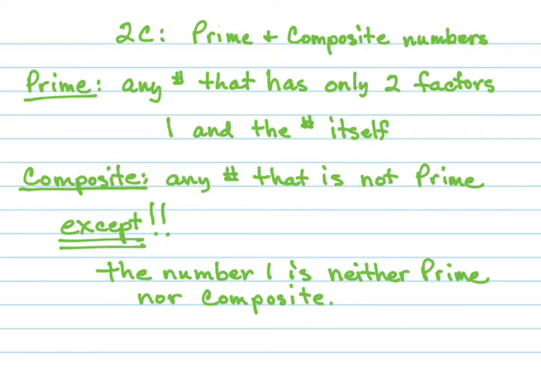And so it makes it a special case. Right? Because you don't repeat the factors. 1 can only be written as 1 times 1, so therefore it only has one factor. And that's why it's not prime or composite. Every other number has at least 2 factors. Okay? All right. And that is the lesson.